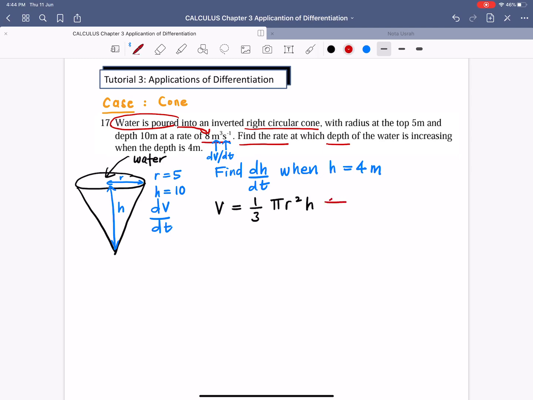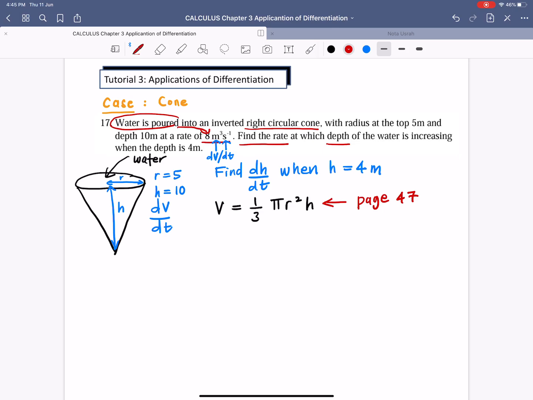This formula you can find on page 47 of your formula book. And in this formula, we have two variables. So we need to transform it so that only one variable is left.